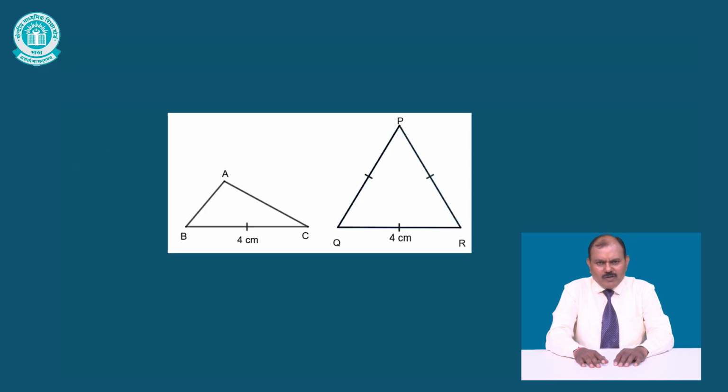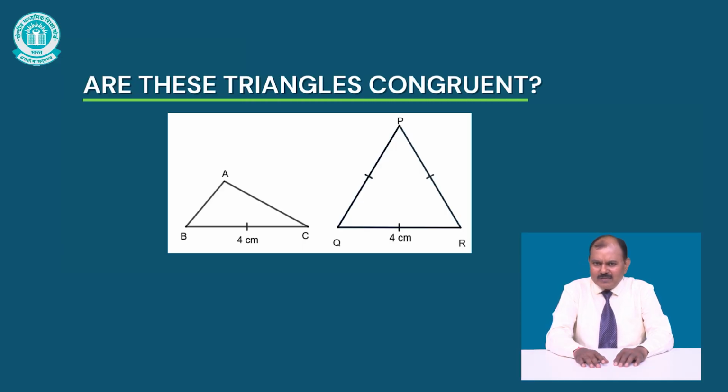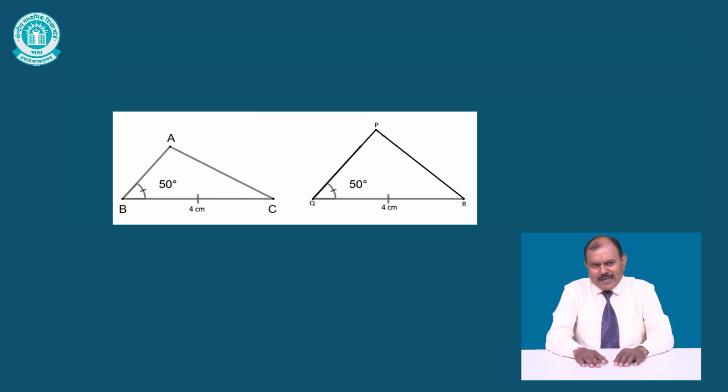Let us draw two triangles with one side 4 centimeter. Are these triangles congruent? No, they are not congruent. Now, let us draw another two triangles with one side 4 centimeter and one angle 50 degrees.